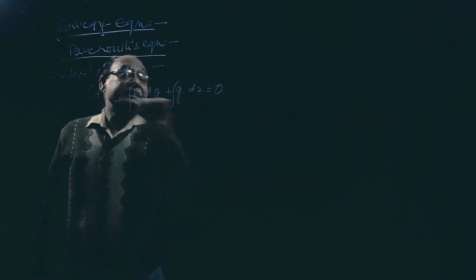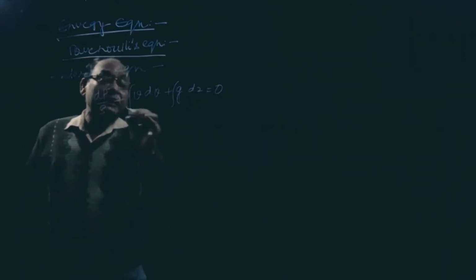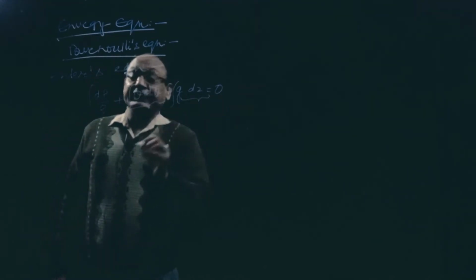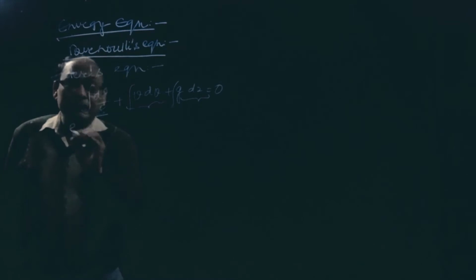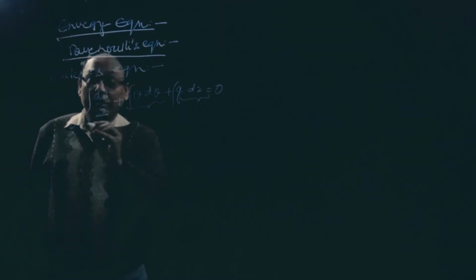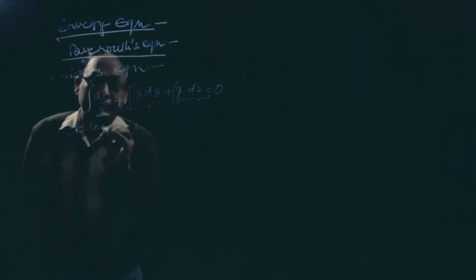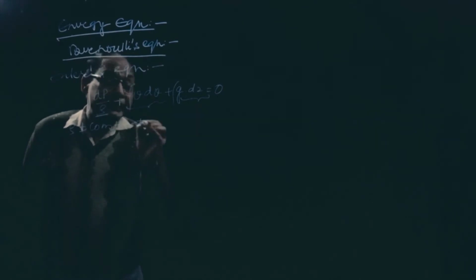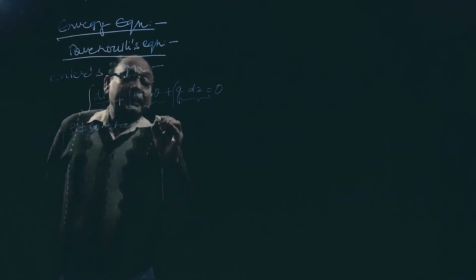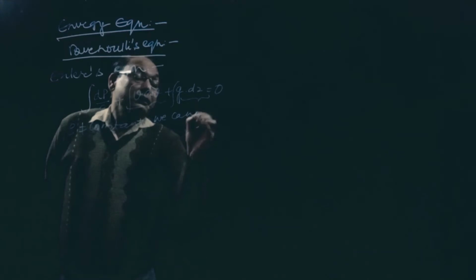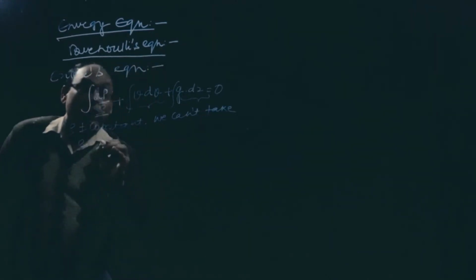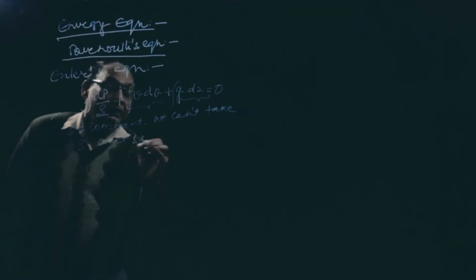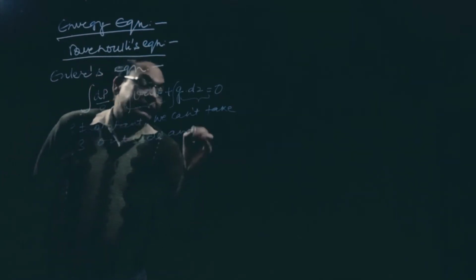Now these two terms can be integrated very easily, but we cannot integrate the first because rho is not constant here. Rho is variable, so we cannot take rho outside and integrate.